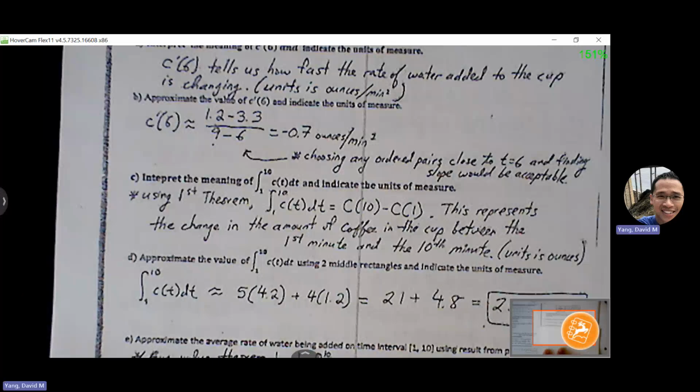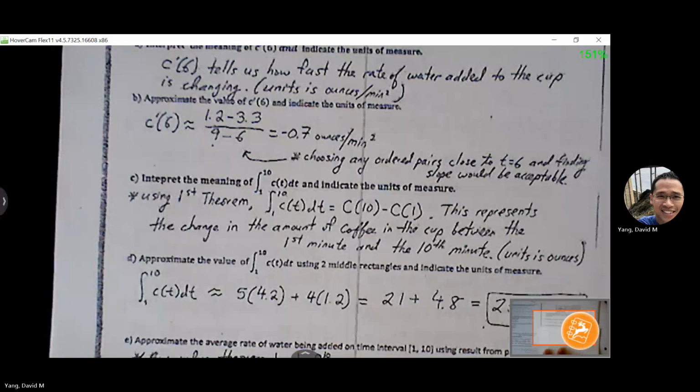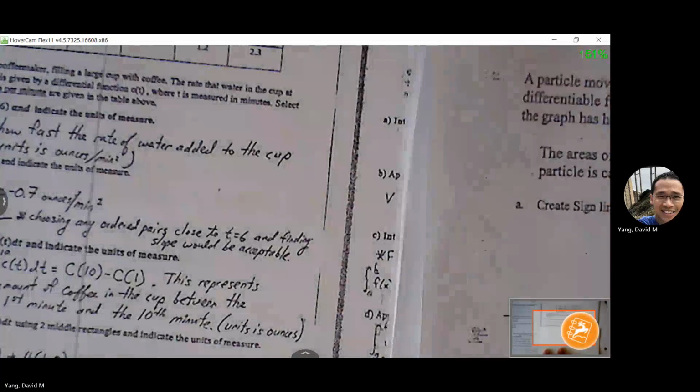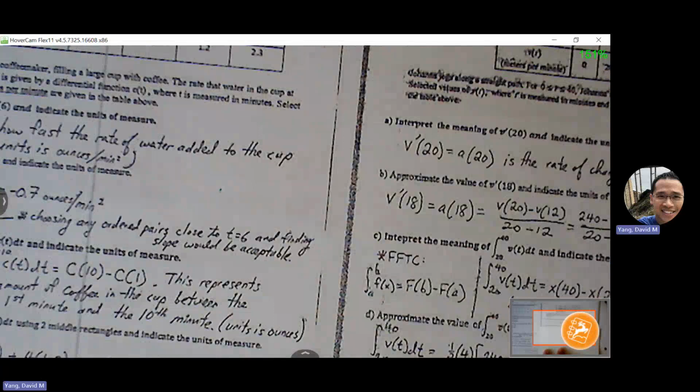Can you explain how you use your calculator to find the time when it increases to the average velocity? Yeah. So let's go to that previous page, page 11.